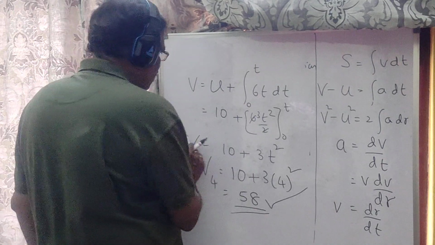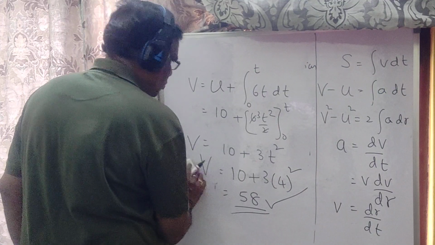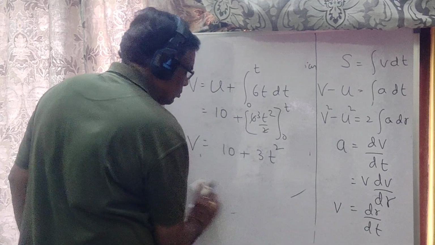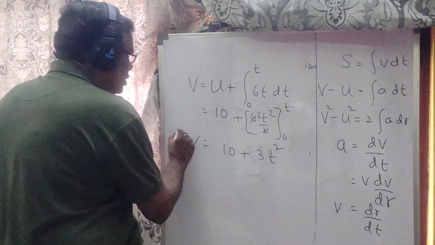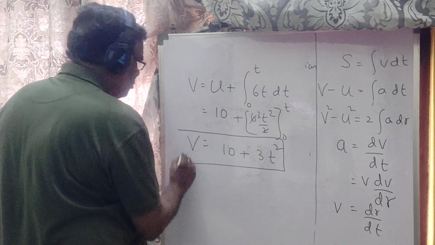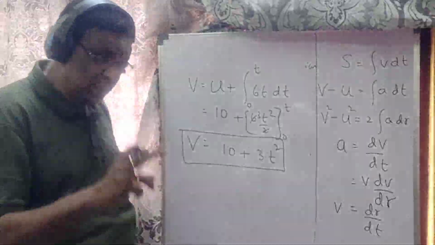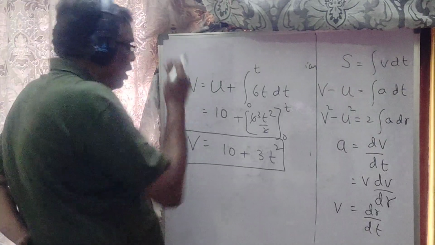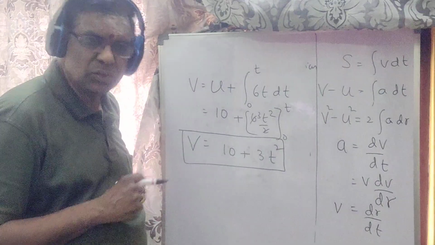Okay, now fine. So I am erasing this part. So what is it that you have got here? As a function of time, you got it. The same problem, mind you, I repeat, in the same problem, I have initially asked you what is velocity at t is equal to 4.